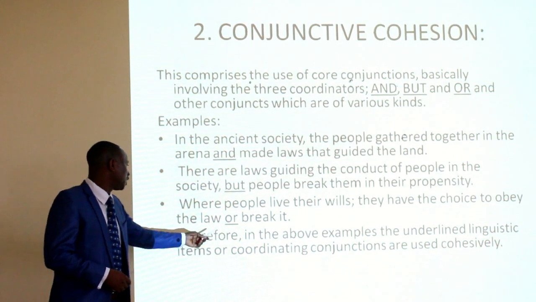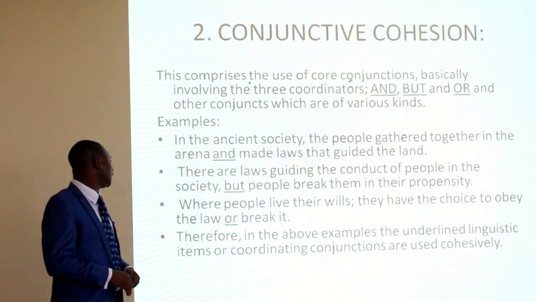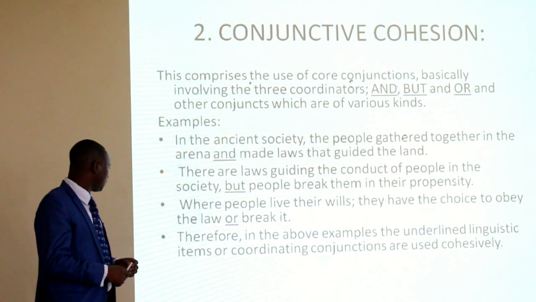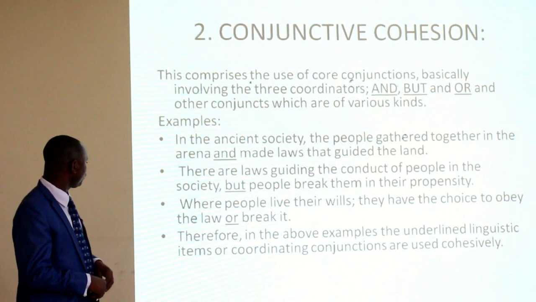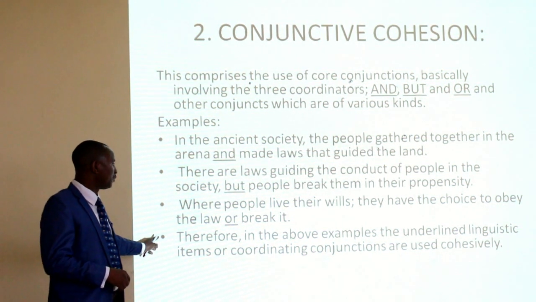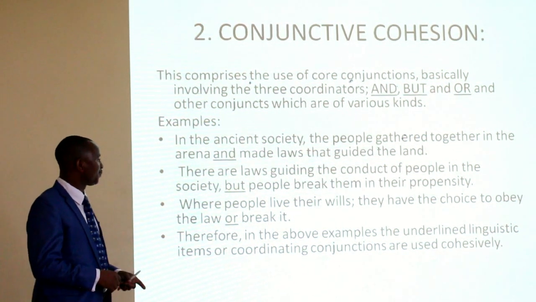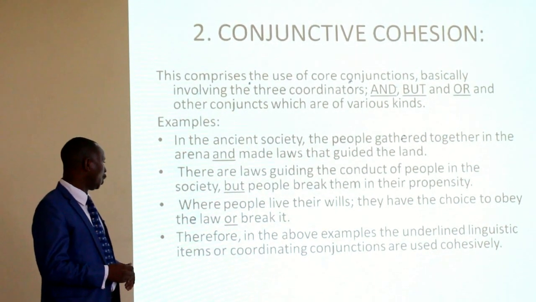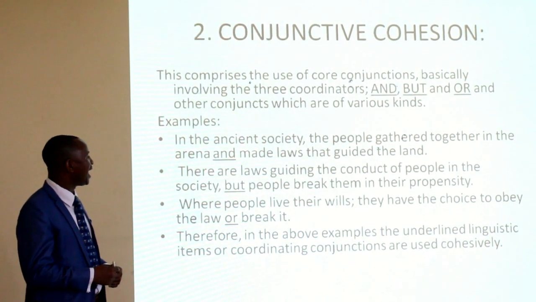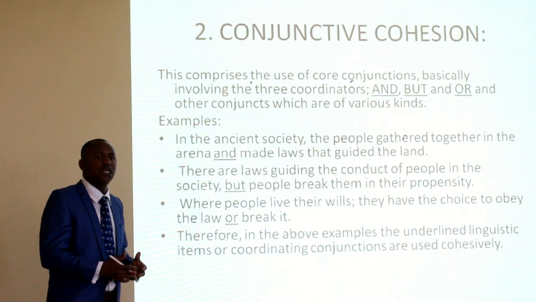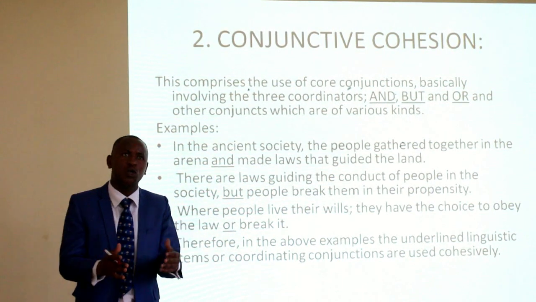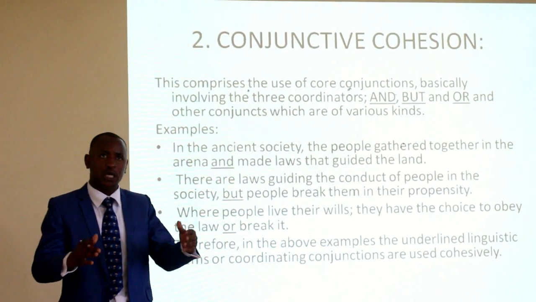You can see the conjunction "or" is underlined. It also serves the same purpose. Therefore, in the above examples, the underlined linguistic items or coordinating conjunctions are used cohesively. They are used to enable the sentences to sound cohesive.